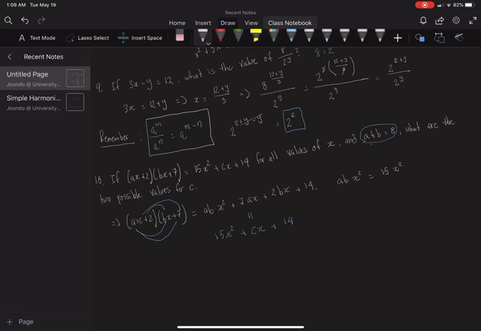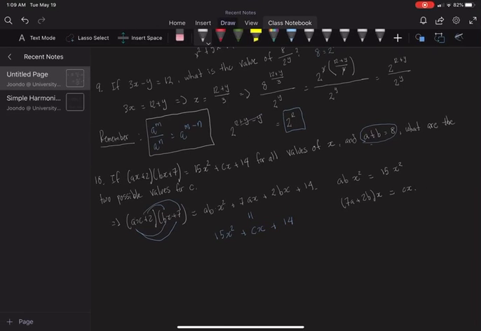Factor out an x here, so we get (7a plus 2b) times x is equal to cx. So what numbers a, b give 15? The only numbers that give 15 are 5 and 3.